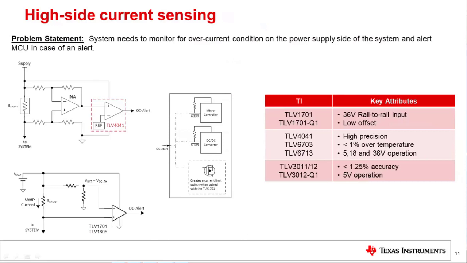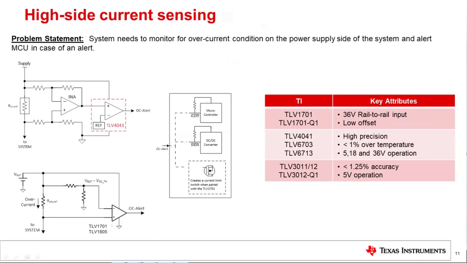Now, this bottom picture is a little more unique, and this is really for you guys out there who are looking for a quick and cost-effective solution for a simple current threshold. You can just use one comparator on the high side, right? Set a resistor divider down there and monitor the voltage across that shunt. And depending on the type of comparator you use, again, you'd like to make sure that it's spec'd for the speed you want for your response.